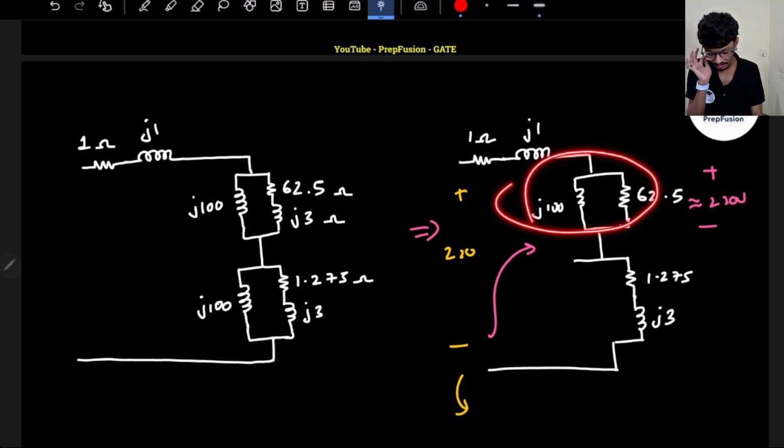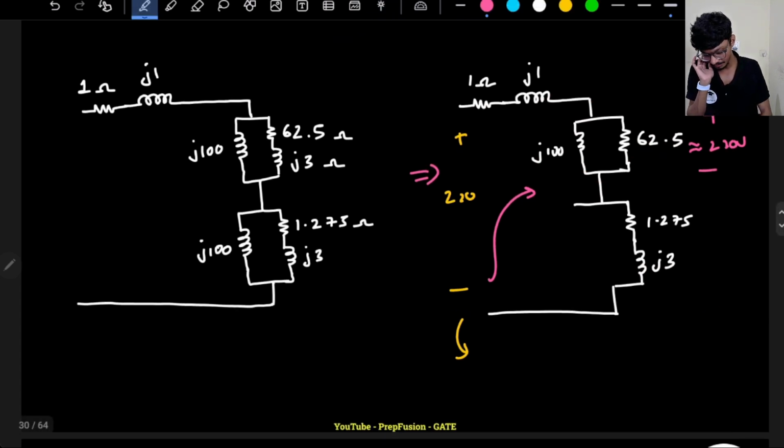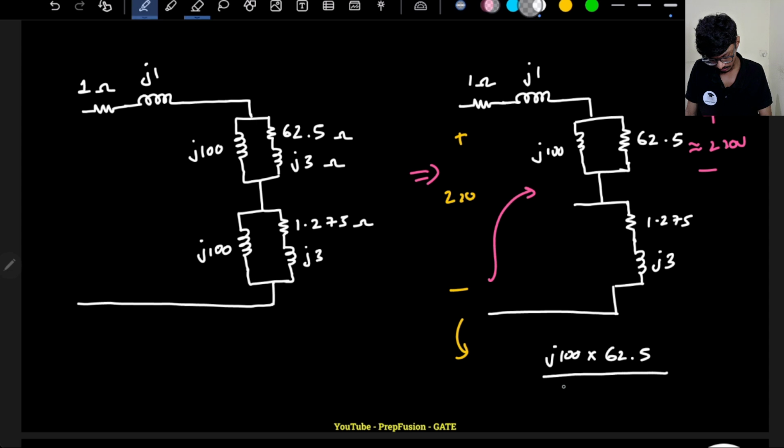So what is the equivalent impedance here? The equivalent impedance here will be j100 into 62.5, divided by square root of 62.5 whole square plus 100 square.